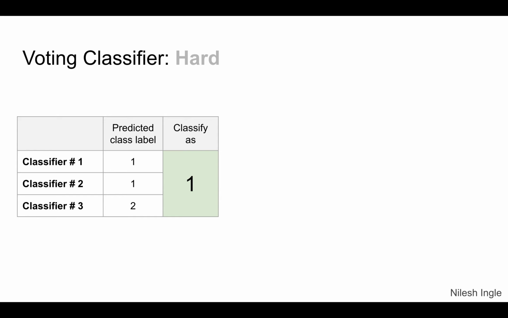So let's say 5 out of 6 predict class A, and just one predicts class B, then we assign that data point to class A. So that's what we have in voting classifier with type hard. So if we have three classifiers as shown here, predicted label is 1, 1, and 2. 1 has the majority, so we classify it as 1.